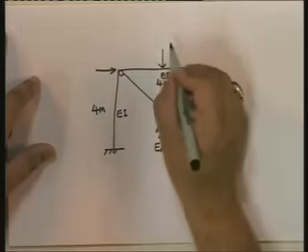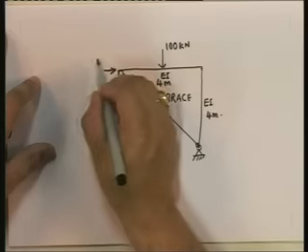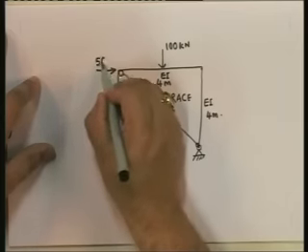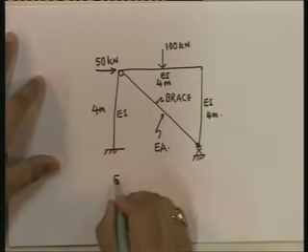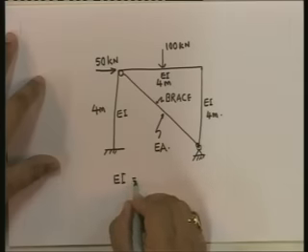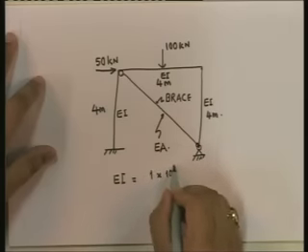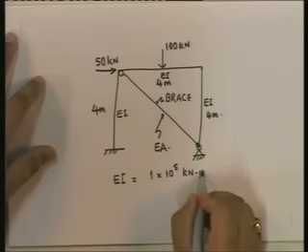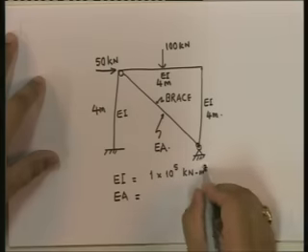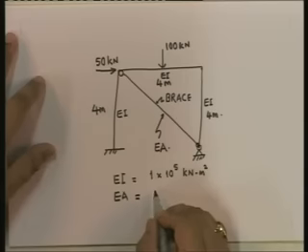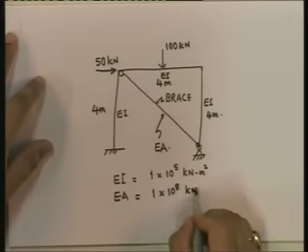And this could be like 100 kilonewtons, and this could be 50 kilonewtons, and let me say that EI is equal to 1 into 10 to the power of 5 kilonewton meter squared, and EA is equal to 1 into 10 to the power of 8 kilonewton.